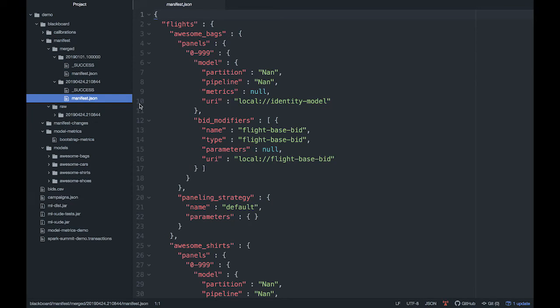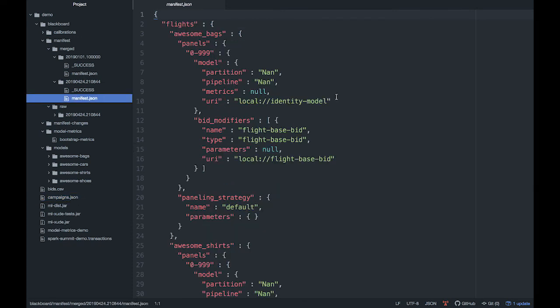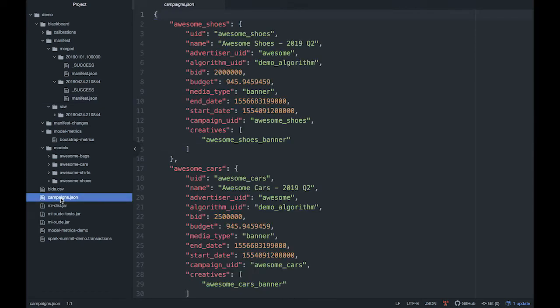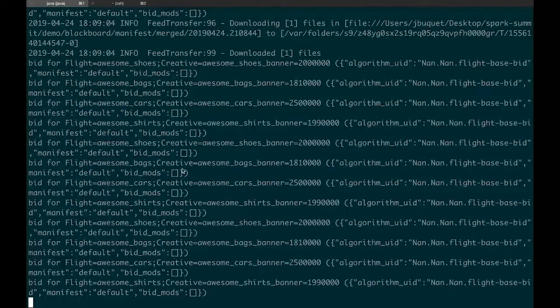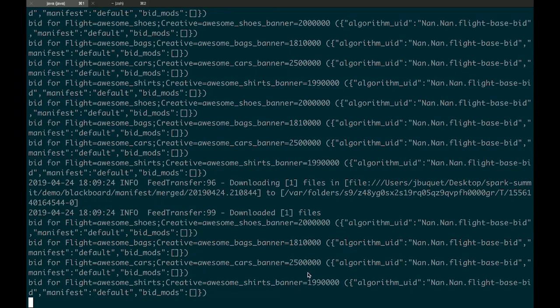The infrastructure now knows about the campaigns we created, but it still has no machine learning classifiers to use. It's just saying that for each of our campaigns, we want to use an identity model, nothing strange there, and use the flat bid, which is the configured bid for the campaign. Just bid that amount flat. If we go back to our decision engine, we can now see that for the different campaigns we are bidding a different amount, which is exactly the configured amount that we had.